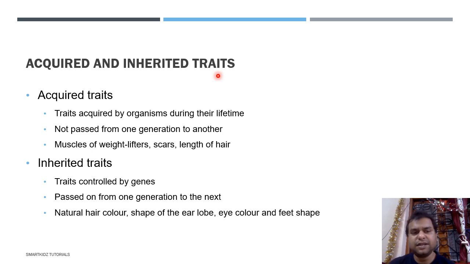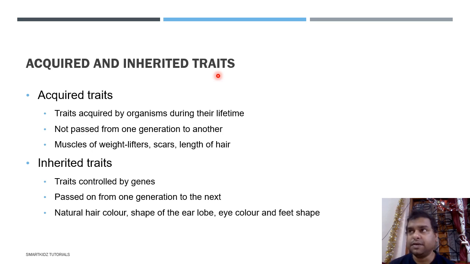Now there is a clear distinction between inherited and acquired traits, and one must be sure about that. Inherited traits are those passed on from one generation to the next, successive generation. We do not have control over them. They are controlled by our genes.